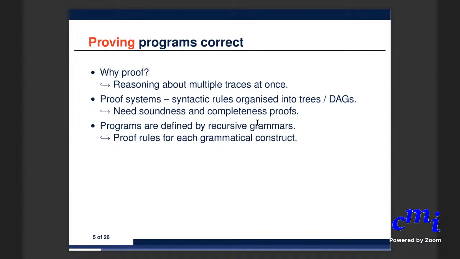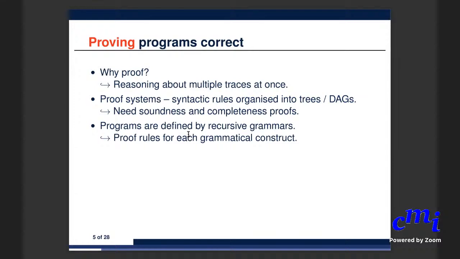Proofs in that system can be organized as a tree of formulas in that logic. Once we do this, as we saw, we can ask whether the logic is sound or complete, and the same question can be asked for Hoare logic once we introduce it.